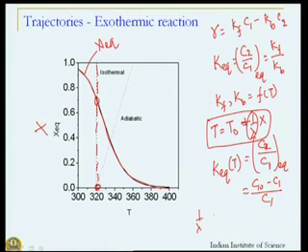What is 1 over lambda? It is minus delta H C1 0 by rho Cp. So, if exothermic reaction, delta H is negative, so minus delta H is positive. So, 1 over lambda is positive, or in other words, for adiabatic reaction x versus T is a straight line with a positive slope.